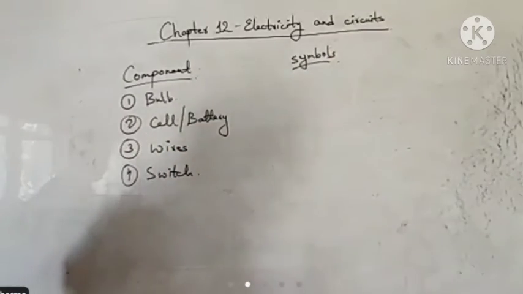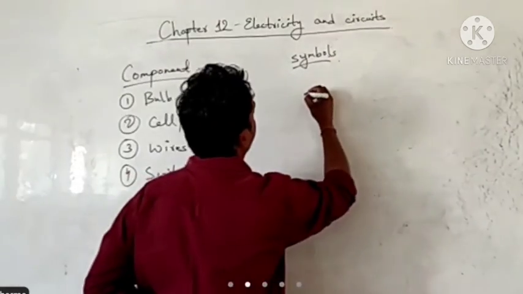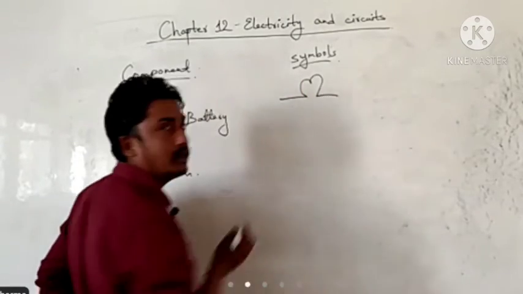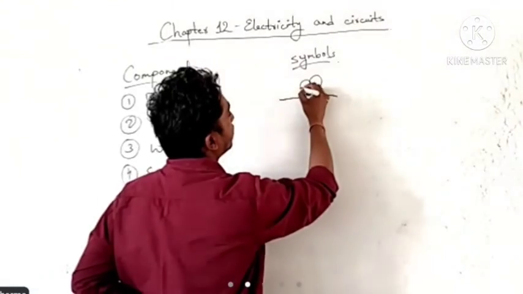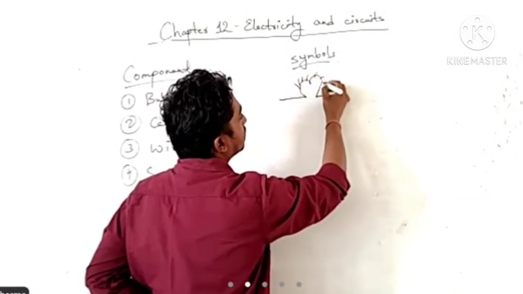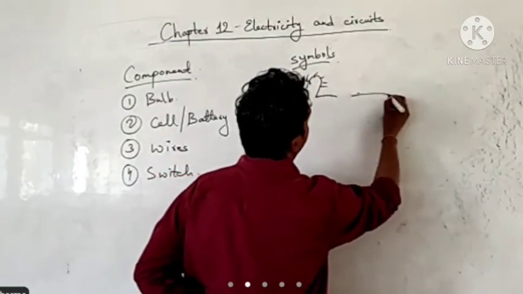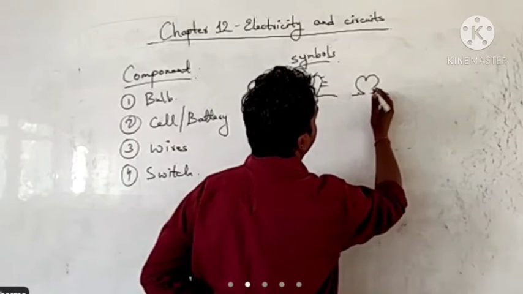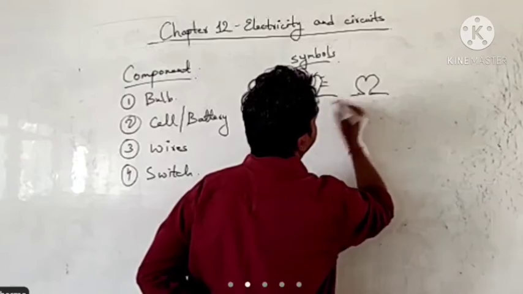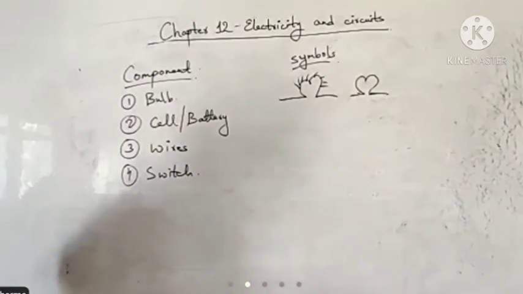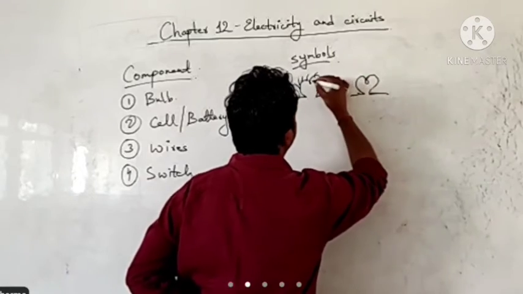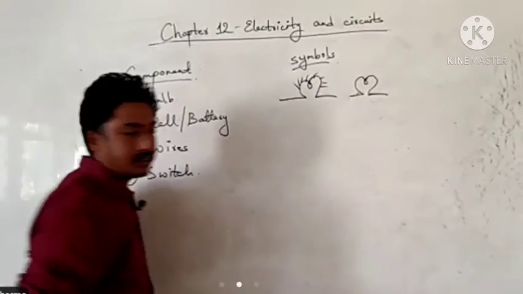So the symbol of a bulb, we can put like this. This is the symbol of the bulb, and if it is glowing we can put like this, or if it is not glowing we can simply make it like a heart, or we can do like this also because it is connected.